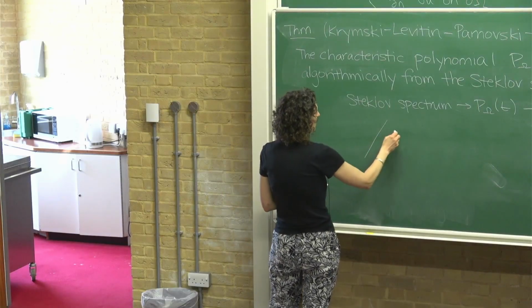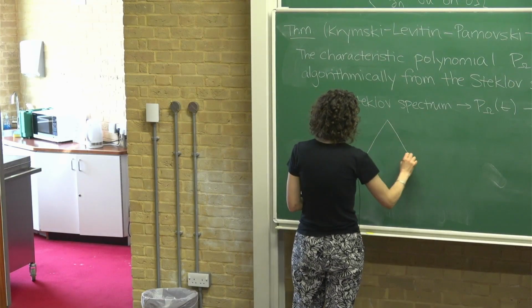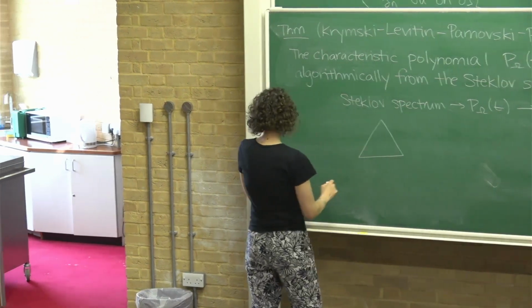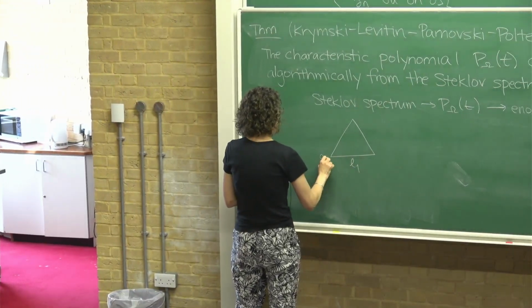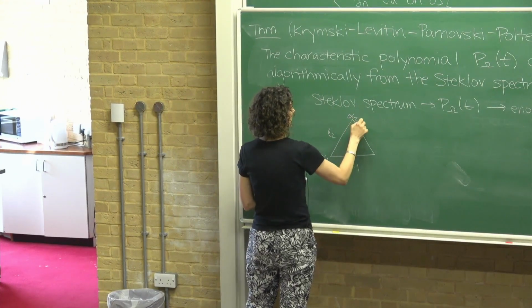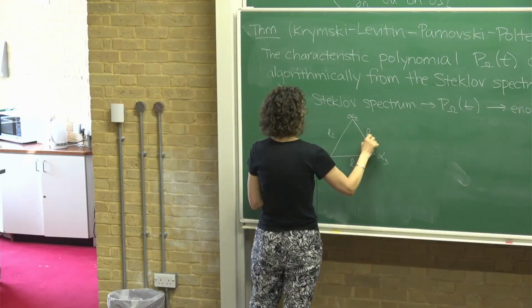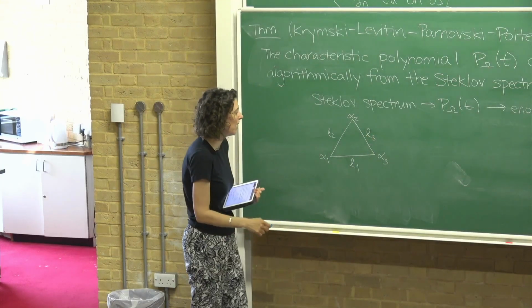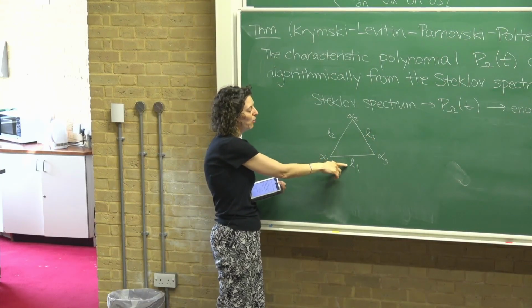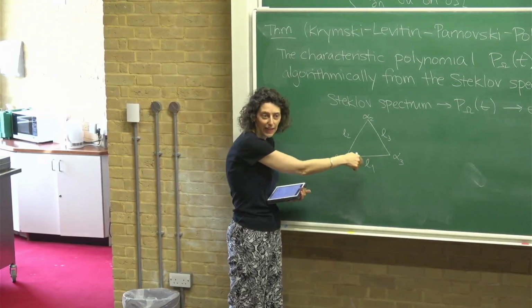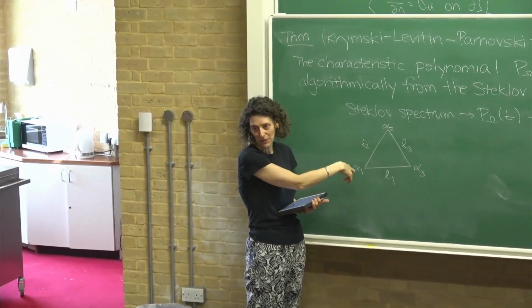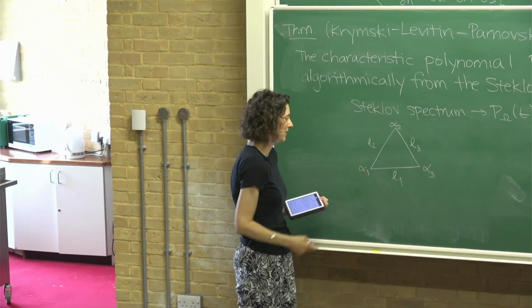So what is P omega of t? We'll start with a triangle. I have to be careful about my labels, and I will be a little sloppy. L1 is both the label on the side and the length of that side. Alpha 1 is both the measure of the angle and the label on the angle. Just humor me.